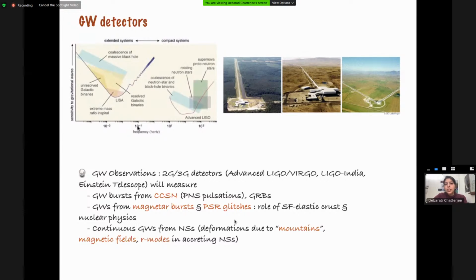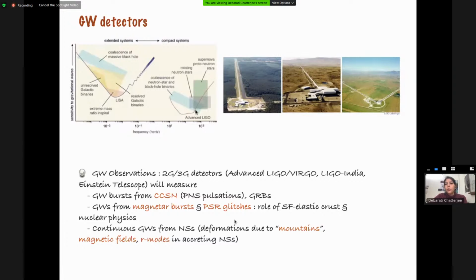So you see that LISA lies here, 10 to the minus 3 to 10 to the minus 1, and LISA is active in this region, and this is where you have the black hole mergers and extreme mass inspirals and so on. On the other hand, you see the neutron star coalescence and the rotating neutron stars are at higher frequencies, right? So this is where advanced LIGO found them.